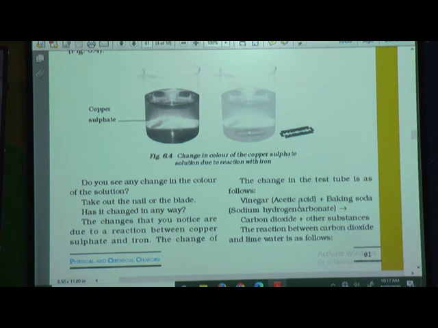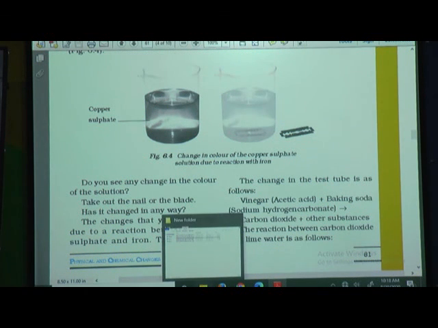We can get salt after adding acid into base, but we have to add these acids and bases in proper proportion, then only we will get salts. So in this activity, we have to take vinegar, then take baking soda and add it, and after that we will get carbon dioxide and other substances. I am going to show you a video for this activity also.